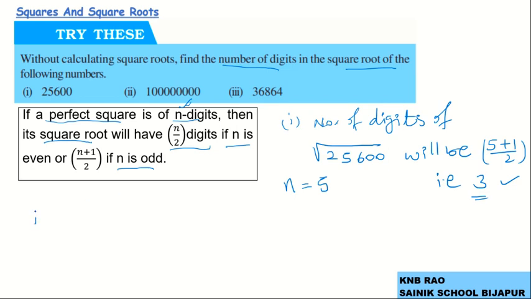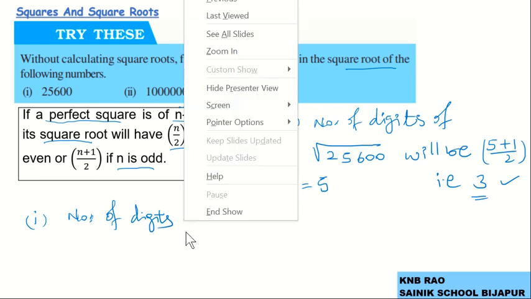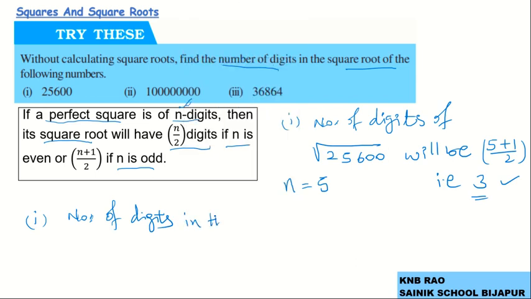Similarly, in the second question, the number of digits in the square root of this huge number. 1, how many zeros are there? 3 more and 2, total 8 zeros are there.